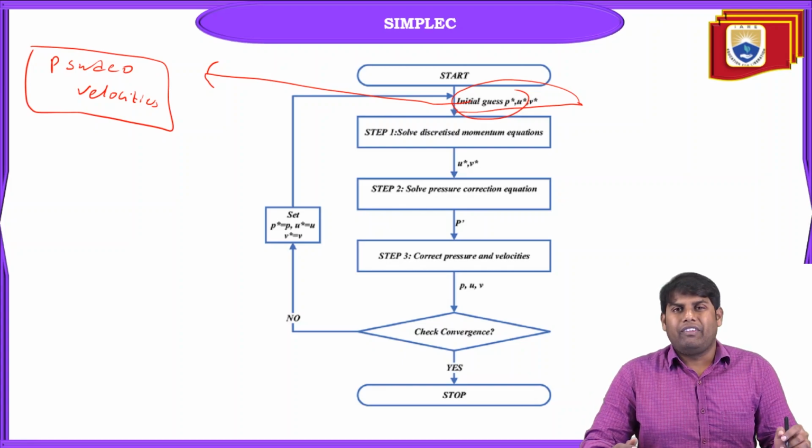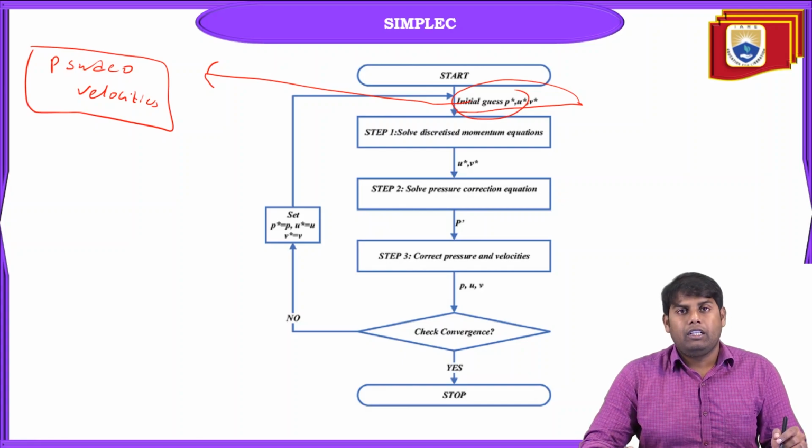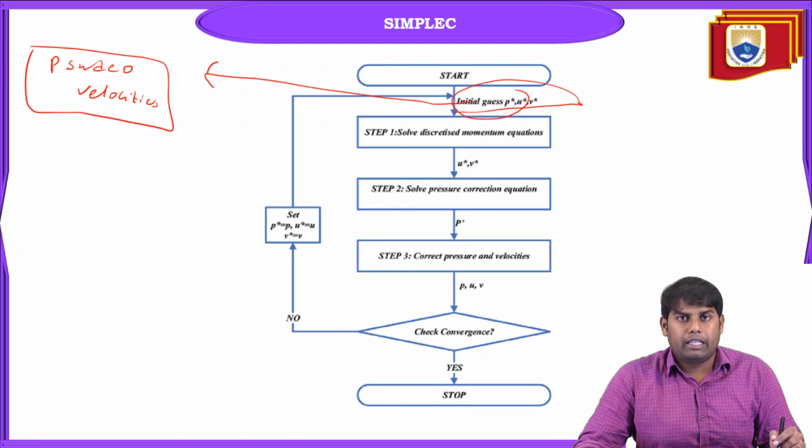It basically started or evolved from the SIMPLE algorithm itself, which is called semi-implicit pressure linked equation. From that we got SIMPLER, and from SIMPLER we are getting SIMPLEC. So SIMPLEC is a small modification to obtain accuracy.